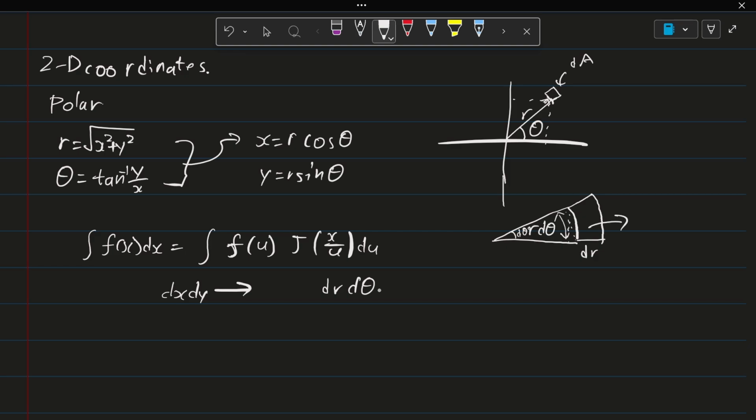So your area is going to be r dr d theta, or you could write r d theta dr. Changing the order doesn't really matter. So your Jacobian is going to be r. You could write this as J of xy over r theta is r. So that's the proof by using geometry.